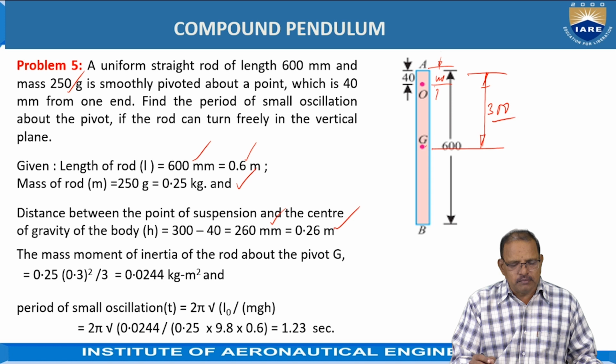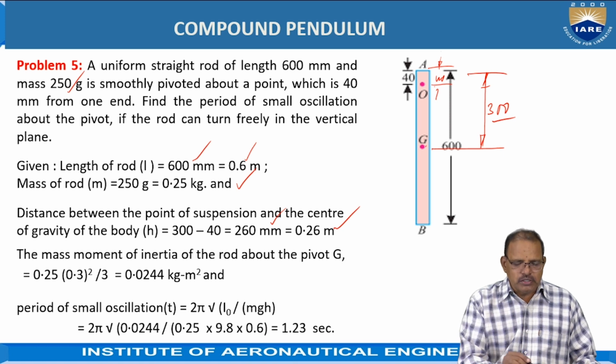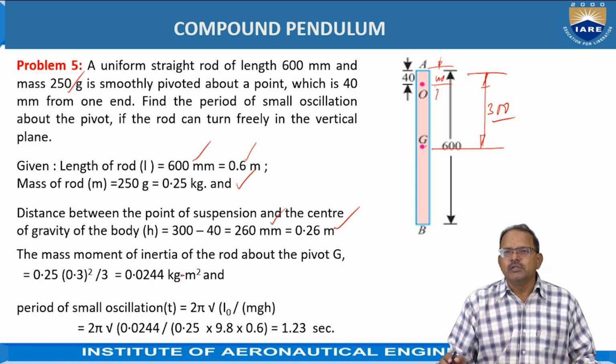The mass moment of inertia of the rod about G is equal to 0.25 into 0.3 whole square divided by 3, which is equal to 0.0244 kg meter square.